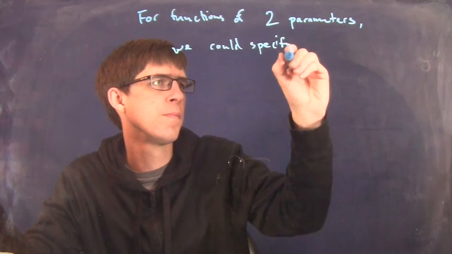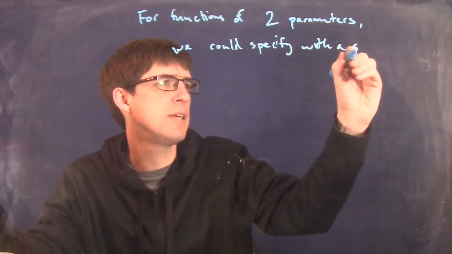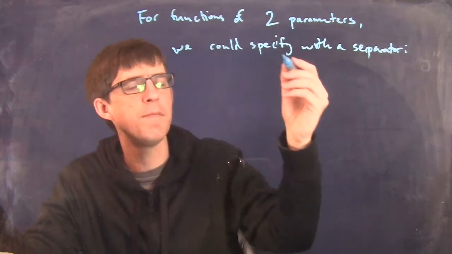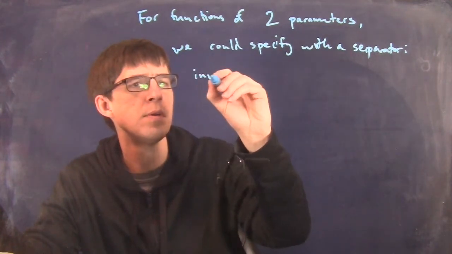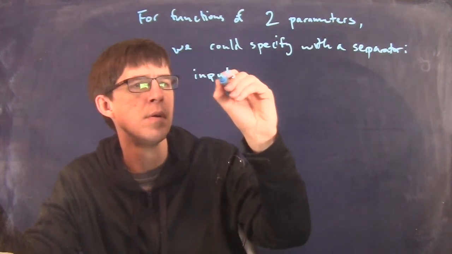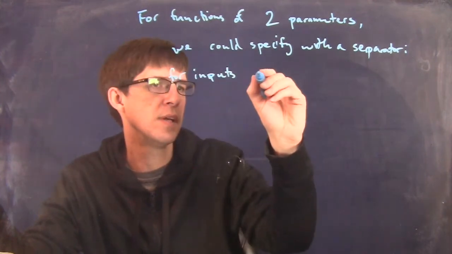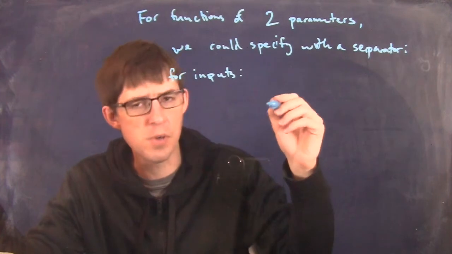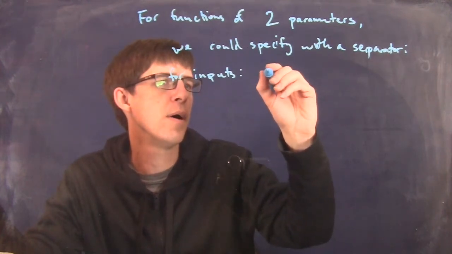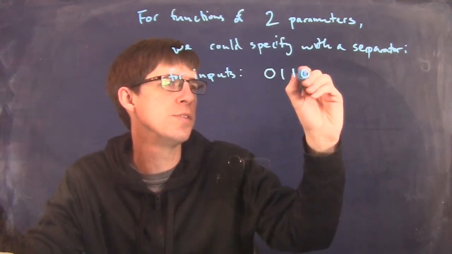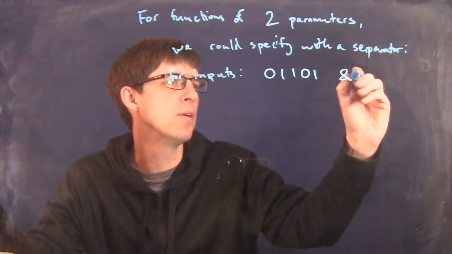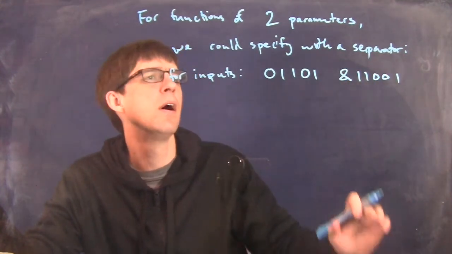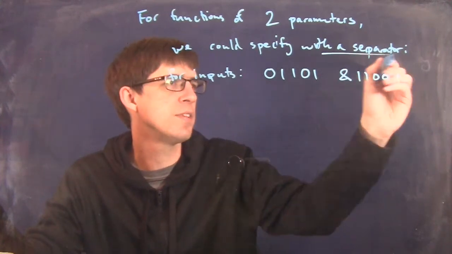with a separator in this way. If my two inputs, let's say I'm doing a binary Turing machine, which most of our examples are going to be zeros and ones. How about I have 0, 1, 1, 0, 1 and 1, 1, 0, 0, 1. If I have these two inputs, we could specify with a separator.